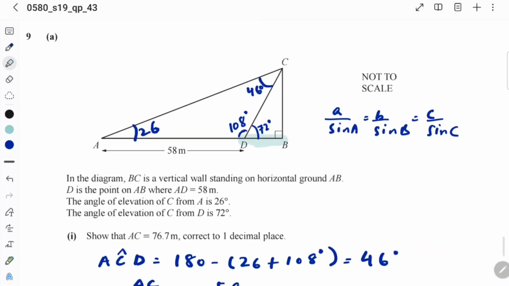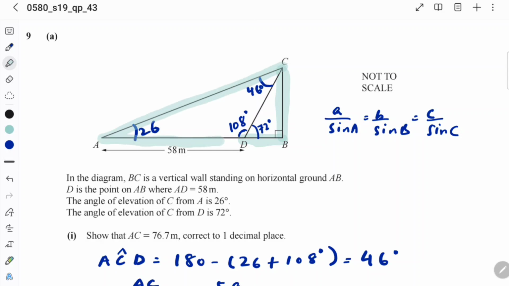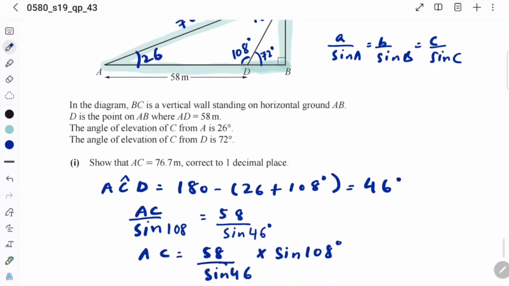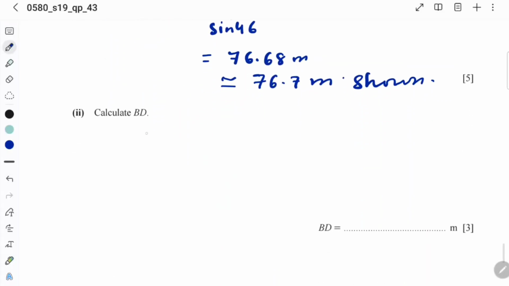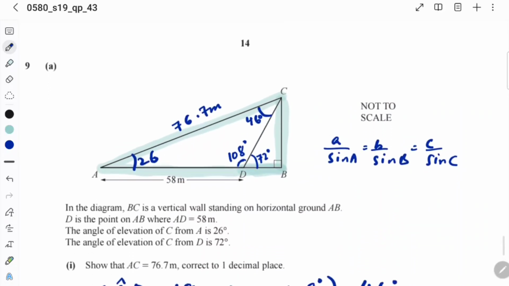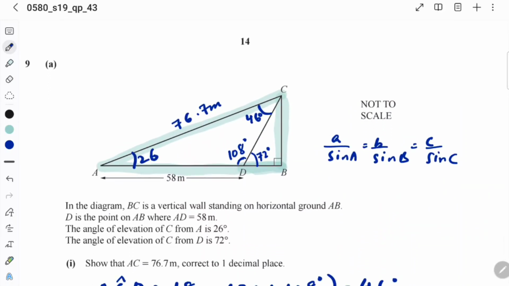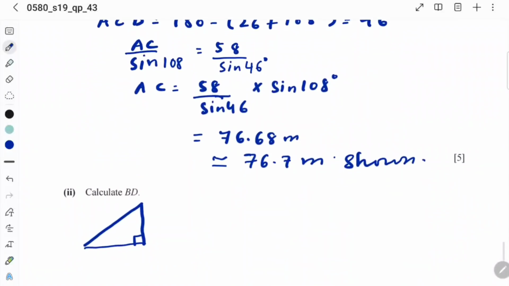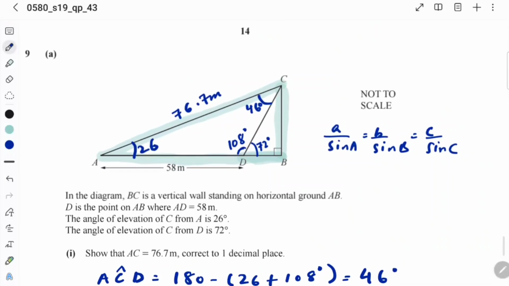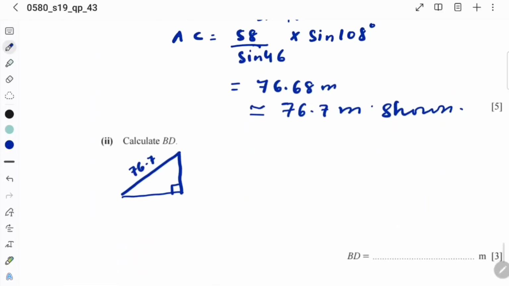Whenever we look at side BD, we must first find side BC. To calculate BC, we consider the whole triangle, where AC is 76.7 meters. I'm just drawing this diagram here: C to B is unknown, AC is 76.7 meters, and the angle is 26 degrees.